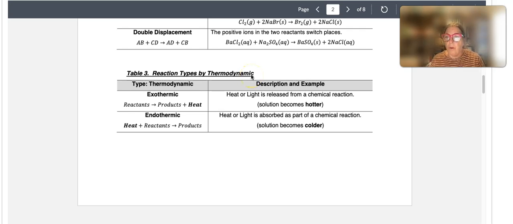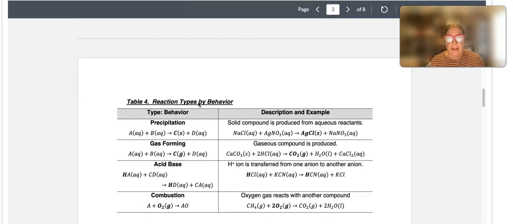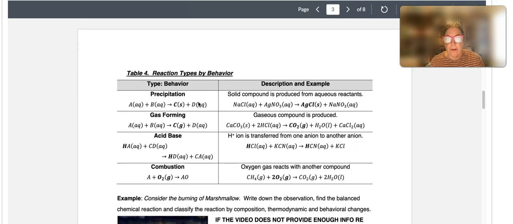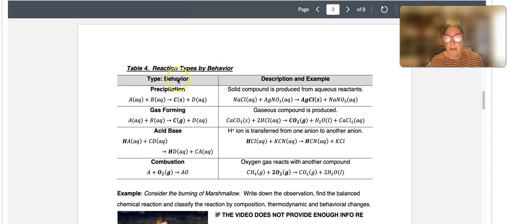Something starts to get cold, that's an endothermic reaction because it's absorbing heat from the surroundings to make the reaction go, so the surroundings get colder. Or the more common reaction is the exothermic reaction, where heat is given off because these 2 things have mixed together. And then finally, you have to classify it by type of behavior.